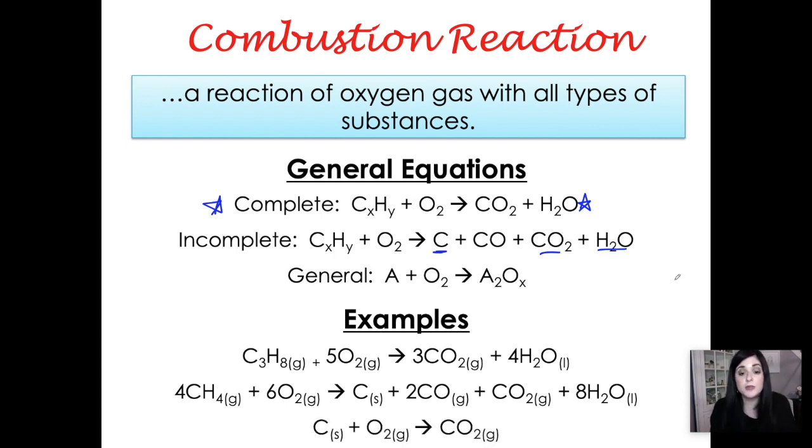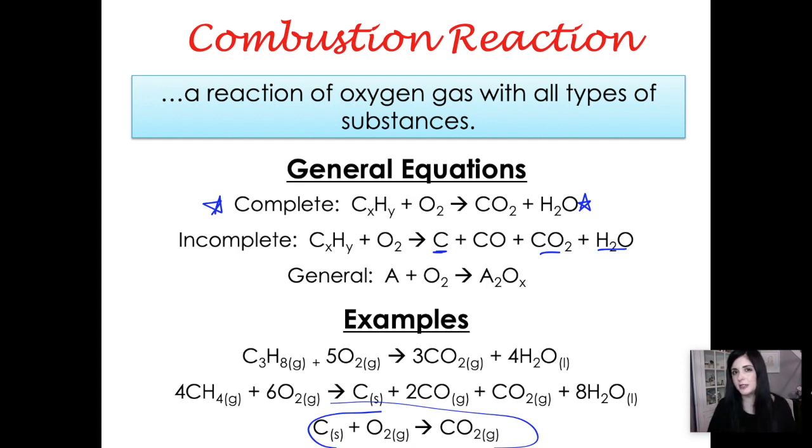And then, of course, we have this last general combustion reaction, which is also a synthesis reaction. As we start diving deeper into Chem 2, and if you decide to take AP chemistry, you'll see that there's some overlap with the different types of reactions. In this case, this combustion reaction down here could also be considered a synthesis reaction. It doesn't matter.